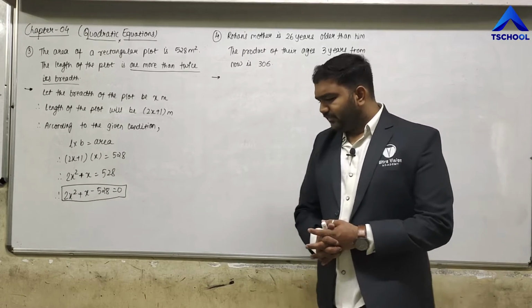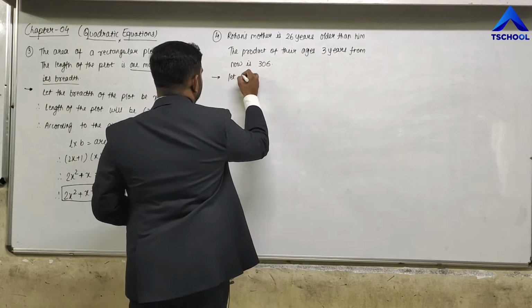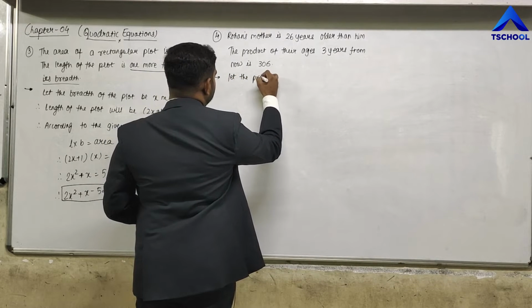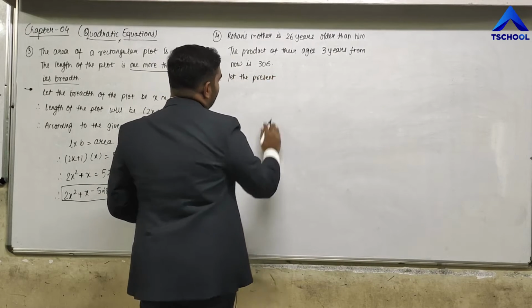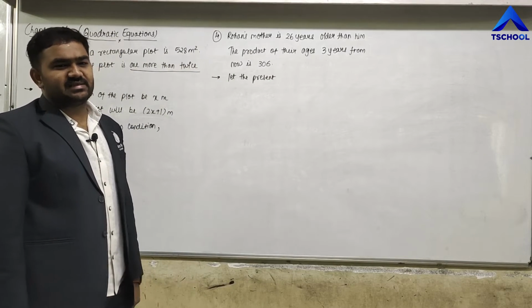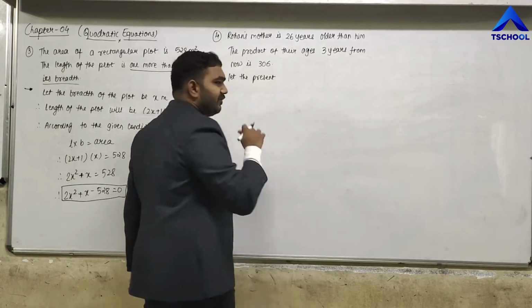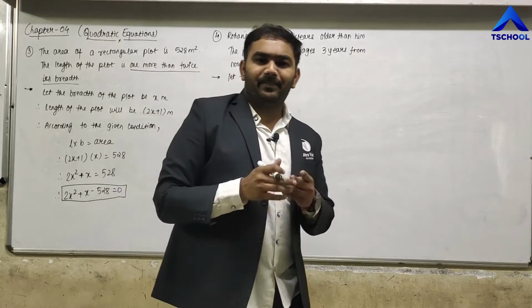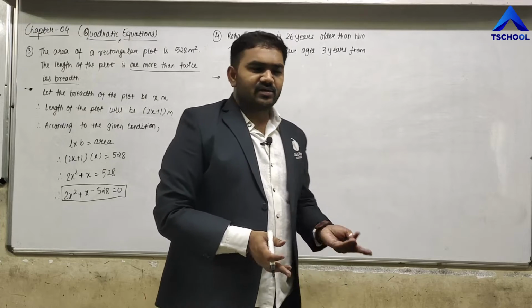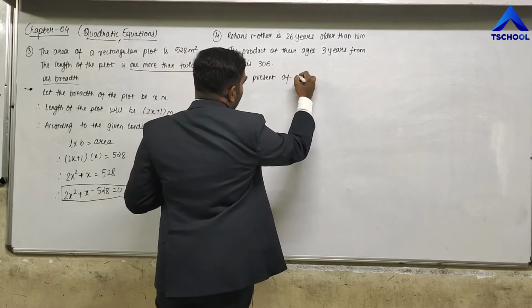So let the present age of Rohan be x years, because this needs to be written here since there is another condition, that is 3 years from now, meaning from the present situation.